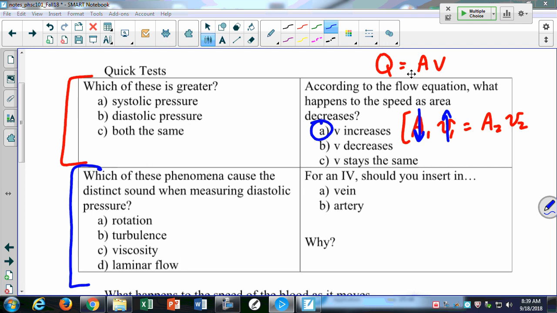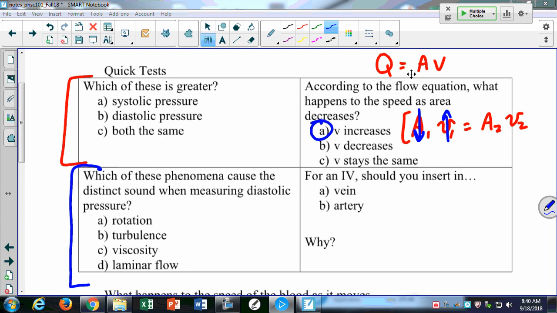I'm a little confused. I guess I was thinking about when you're measuring it with the stethoscope, the diastolic is when you no longer hear the sound. Laminar flow. No, that funky sound, like a thwomp, is when you start to measure systolic pressure. You first hear the sound, and when you no longer hear it is the diastolic.